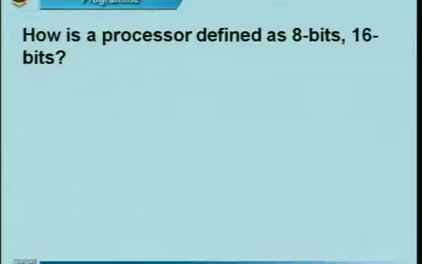We define a processor to be an 8-bit processor if it has 8-bit data lines, the internal bus is of 8 bits and its operation is also 8 bits. So, the arithmetic logic unit will work for 8 bits.